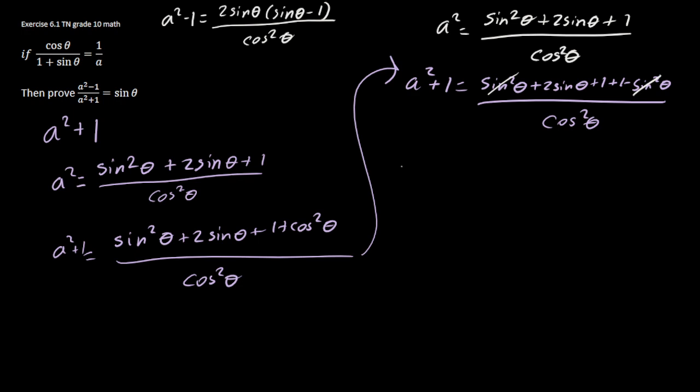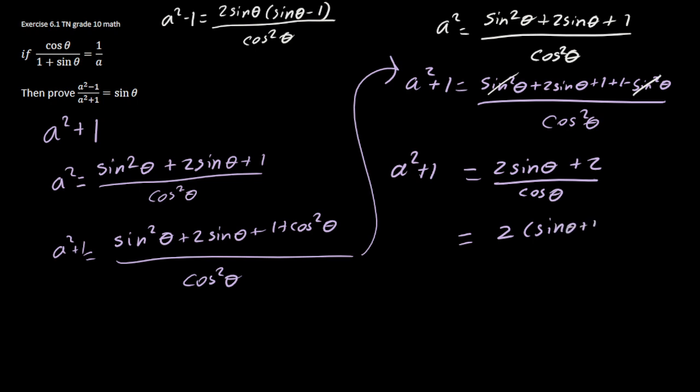So finally we can simplify this into a squared plus 1 is equal to 2 sine theta plus 2 over cos squared theta, and we can again simplify that into 2 times sine theta plus 1 over cos squared theta.